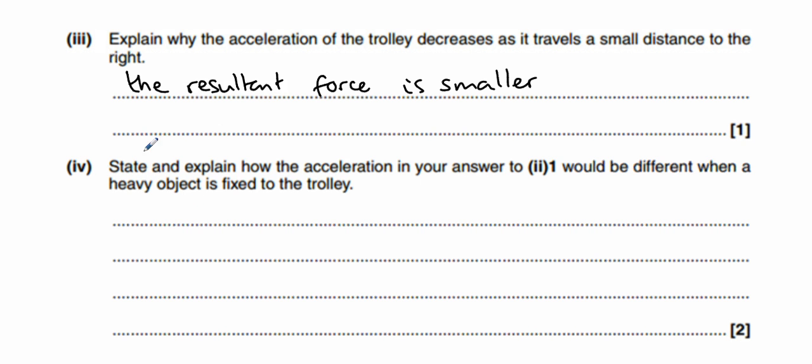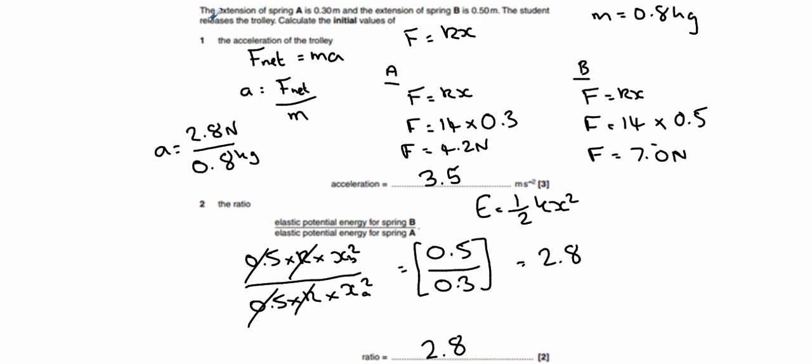The last part says state and explain how the acceleration in your answer to part 1 would be different when a heavy object is fixed to the trolley. Let's go back and remind ourselves what is in part 1. The acceleration of the trolley. The equation is the net force over the mass, and it's asking what would happen if there was a bigger mass.